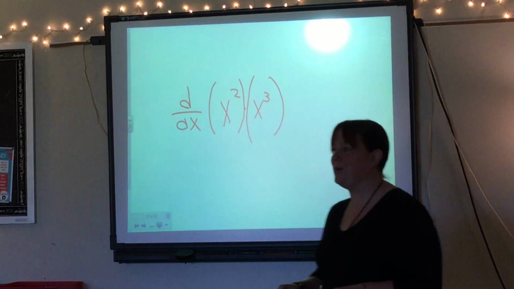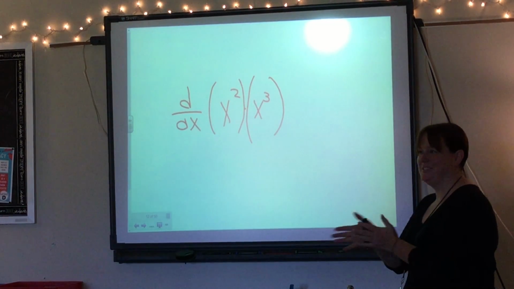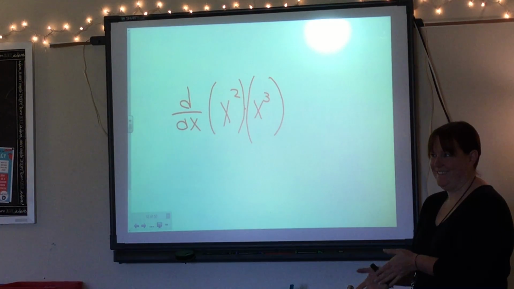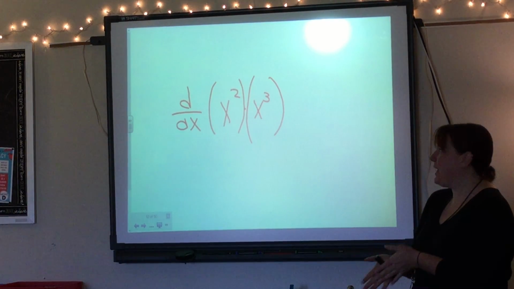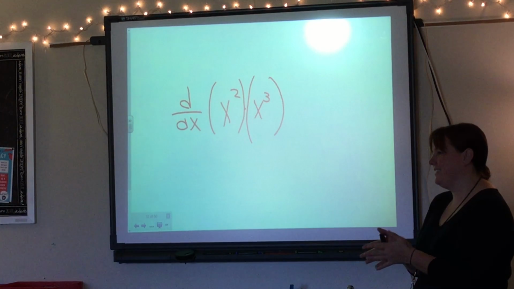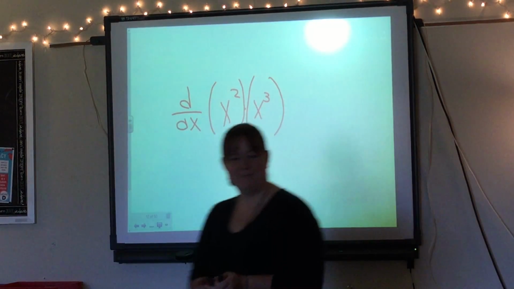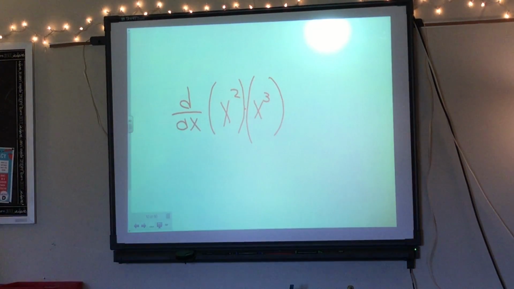Many of you did this on your quiz and found that it wasn't right. Do it how you think you would do it. So you took the derivative of each and multiplied them together?